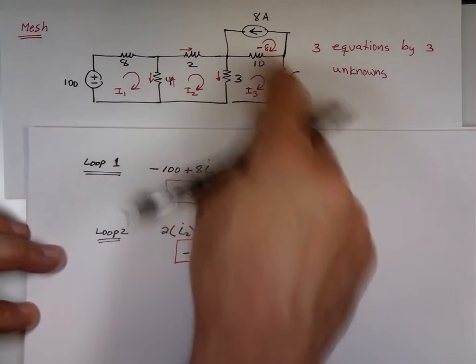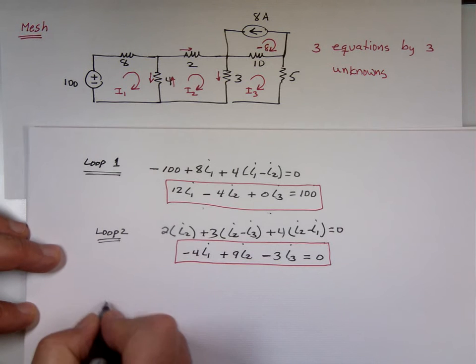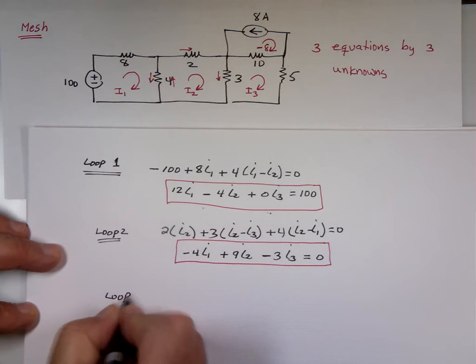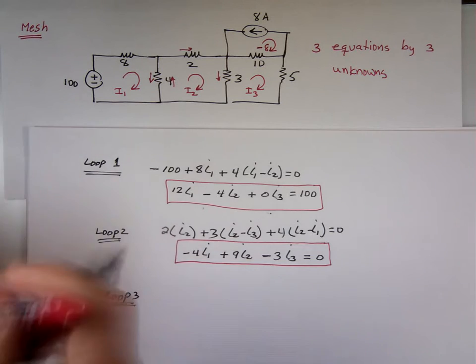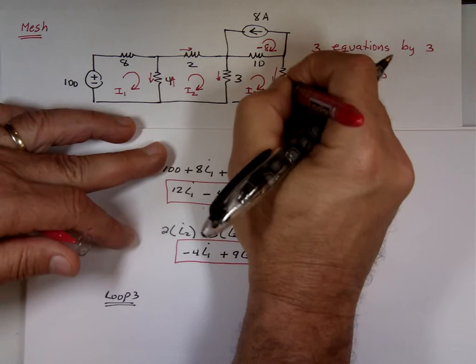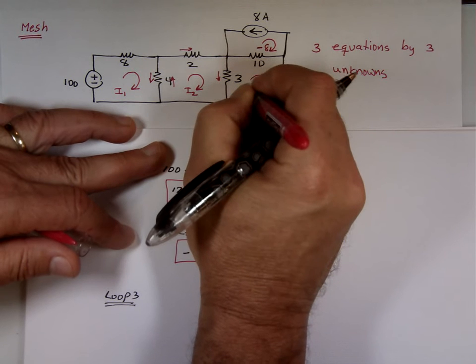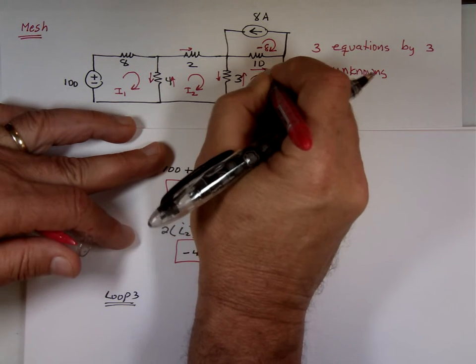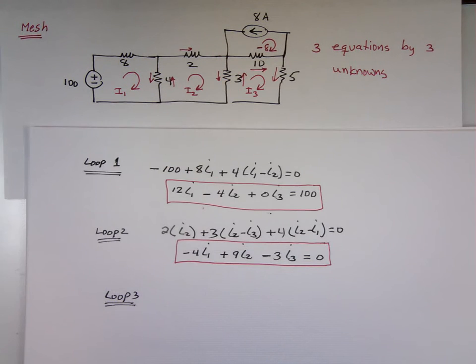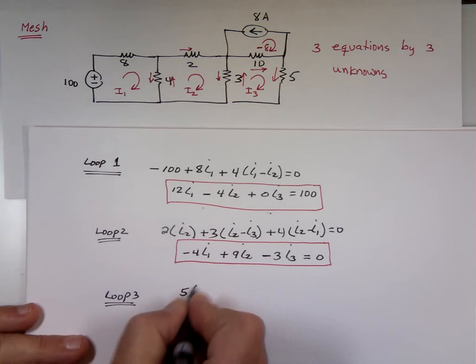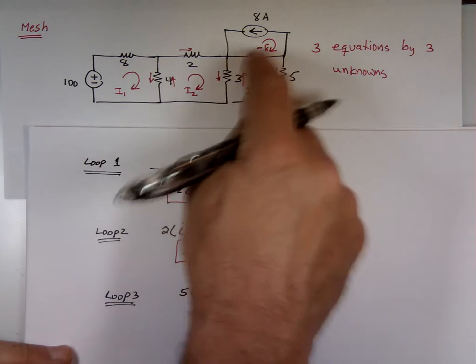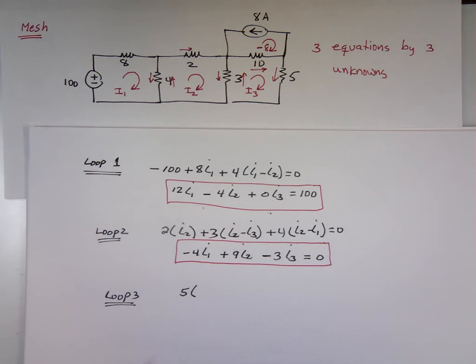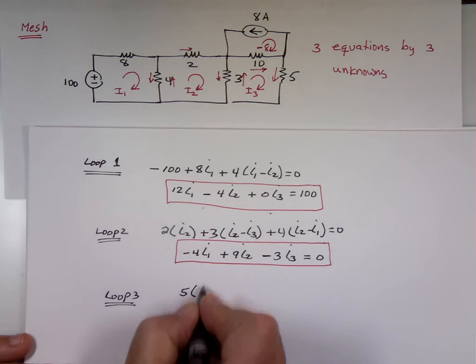And loop 3, right here. Let me begin with the 5 here. This is the current going this way. This is going up there. This is going to the right. So it's going to be what? 5 times, what is the current coming down through the 5? I sub 3.